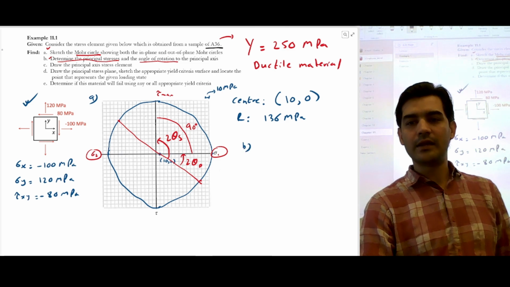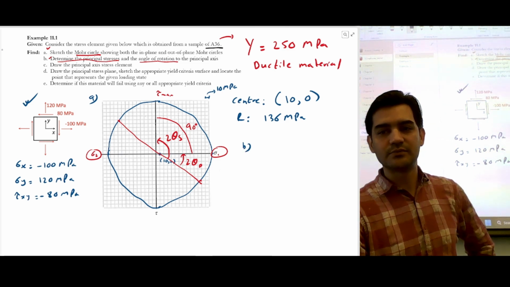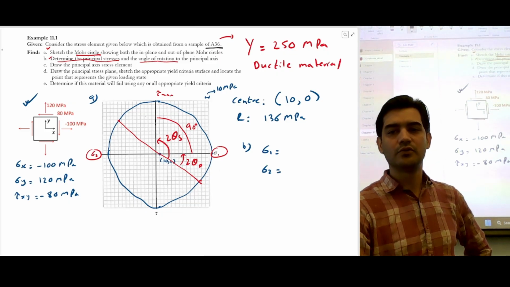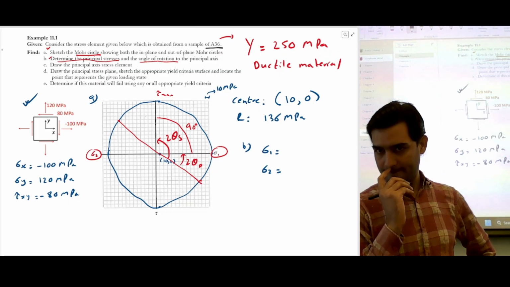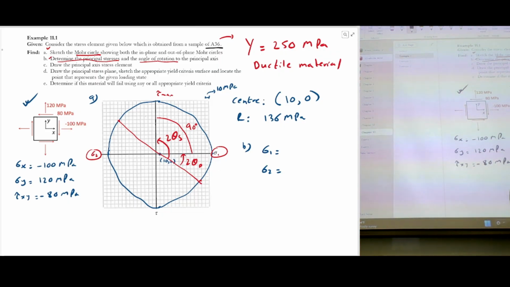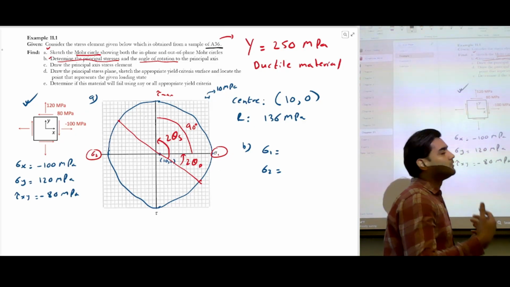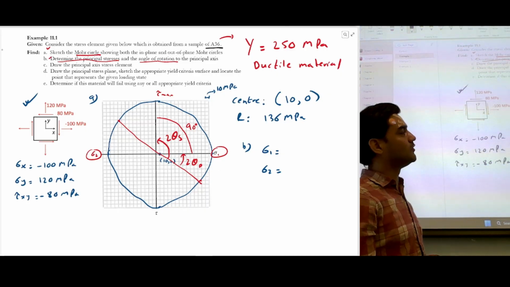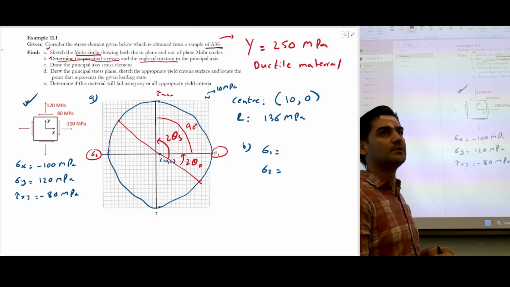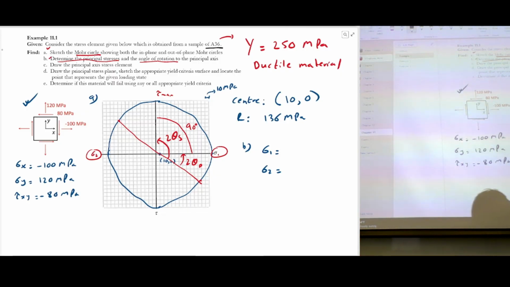The B part is you have to calculate principal stresses, which are stress 1 and stress 2, and you also have to calculate theta p in this case. From the Mohr circle you can extract this information, stress 1 and stress 2. You can also use transformation equations, or the formula for maximum principal stresses, and calculate stress 1 and stress 2.